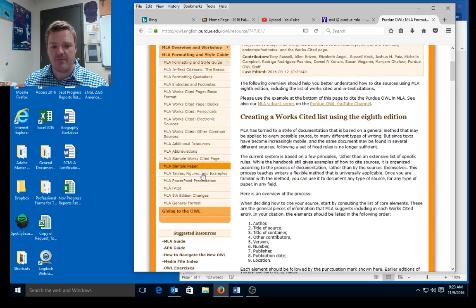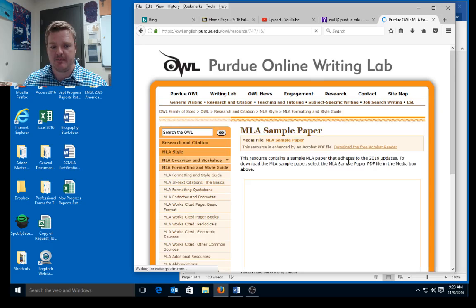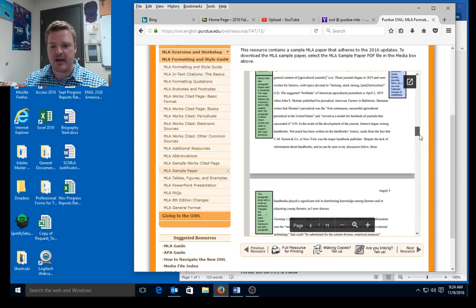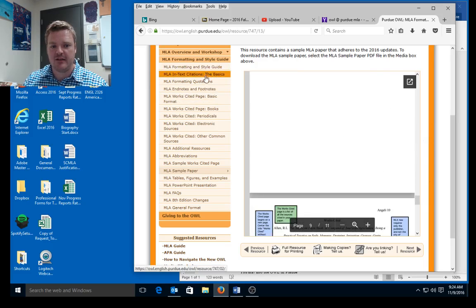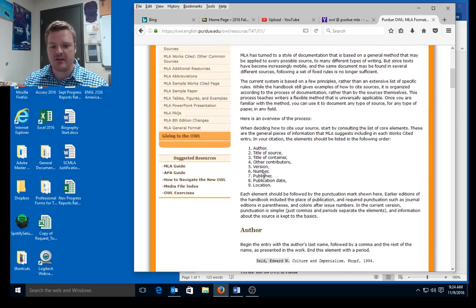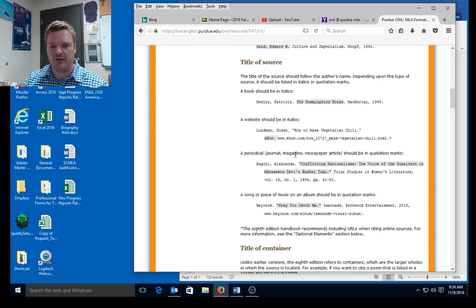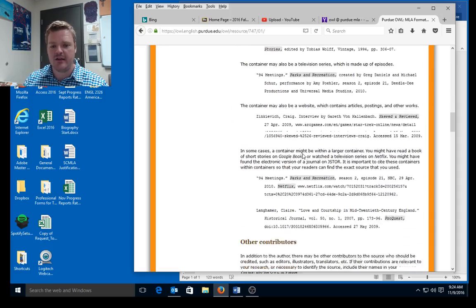So you have a model paper to see what the paper actually looks like, and that loads here. You can actually print that out, so you'd have all the guidelines, and then you have the citation formatting and style guidelines, how to cite, what each citation needs to have in it, the basics, and some examples of that, so you would know how to do your works cited entries.